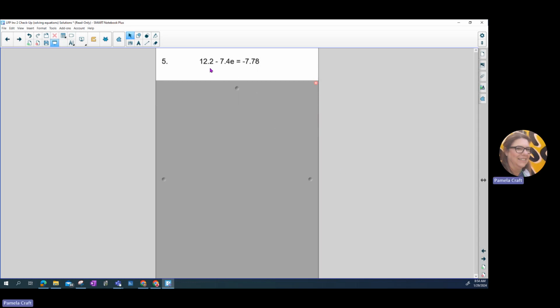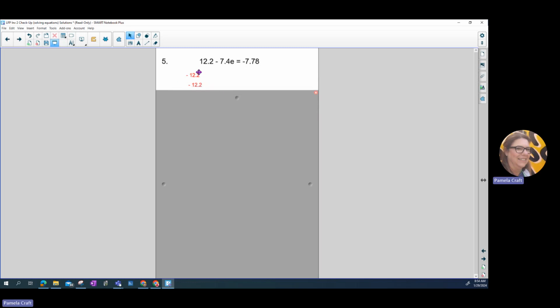Number 5, we have 12.2 minus 7.4E is equal to negative 7.78. We have two things happening here to the E now. We are being multiplied by negative 7.4. And this is a positive 12.2. So 12.2 is being added. We're going to get rid of addition first.